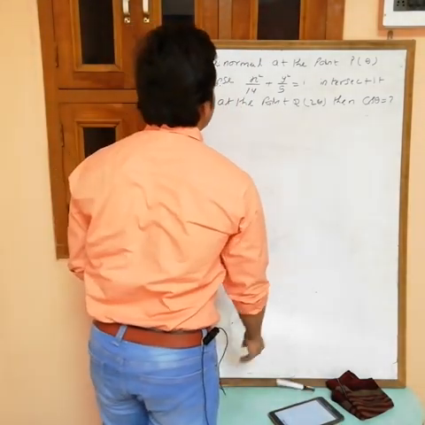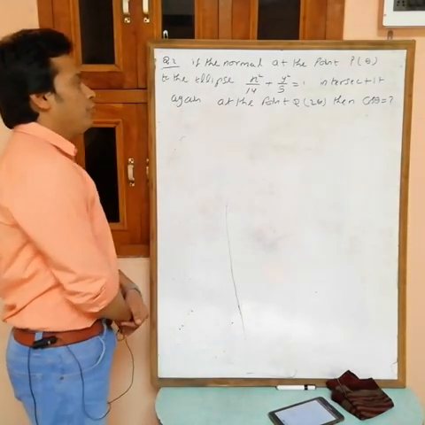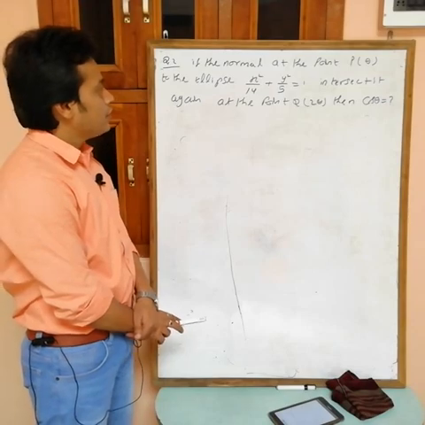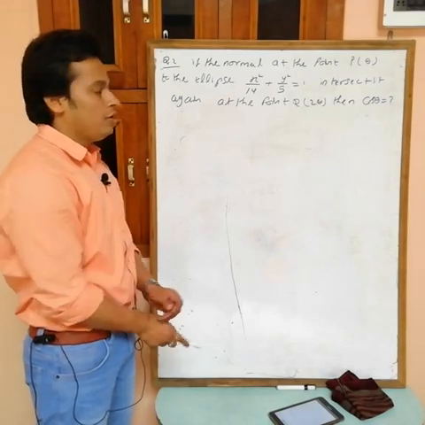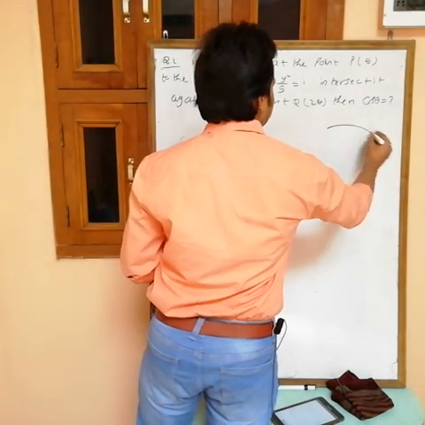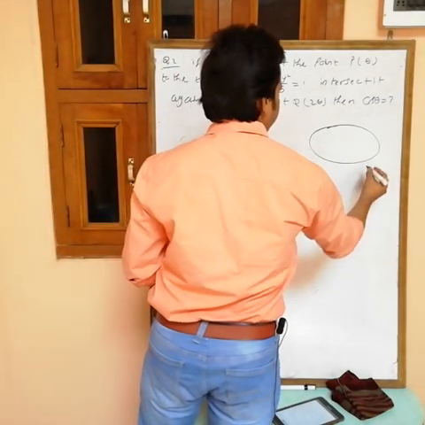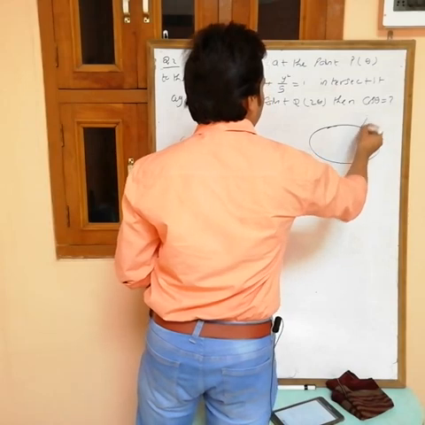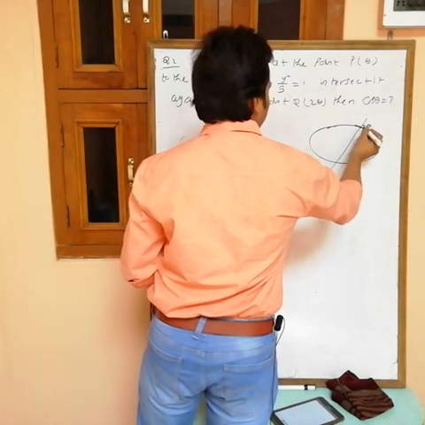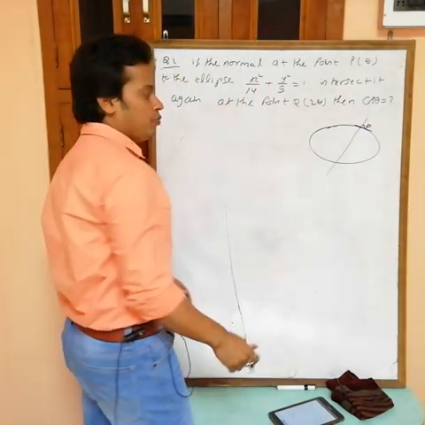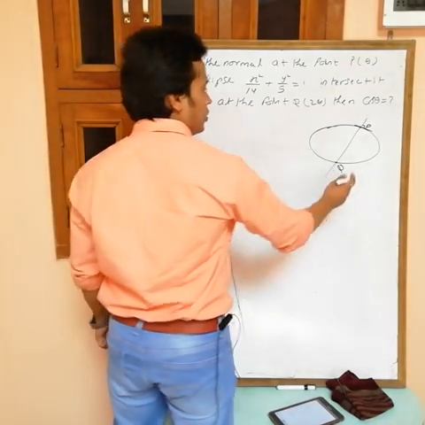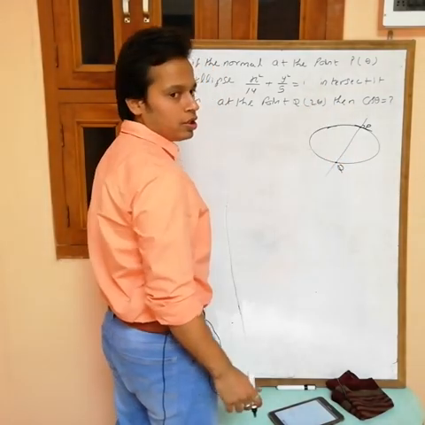So it is given that the normal at the point P to the ellipse intersects again at point Q. Suppose this is the ellipse. Now the normal at P, suppose this is point P, tangent perpendicular, so this is the normal at P. It meets the curve again at Q with parametric angle 2 theta.